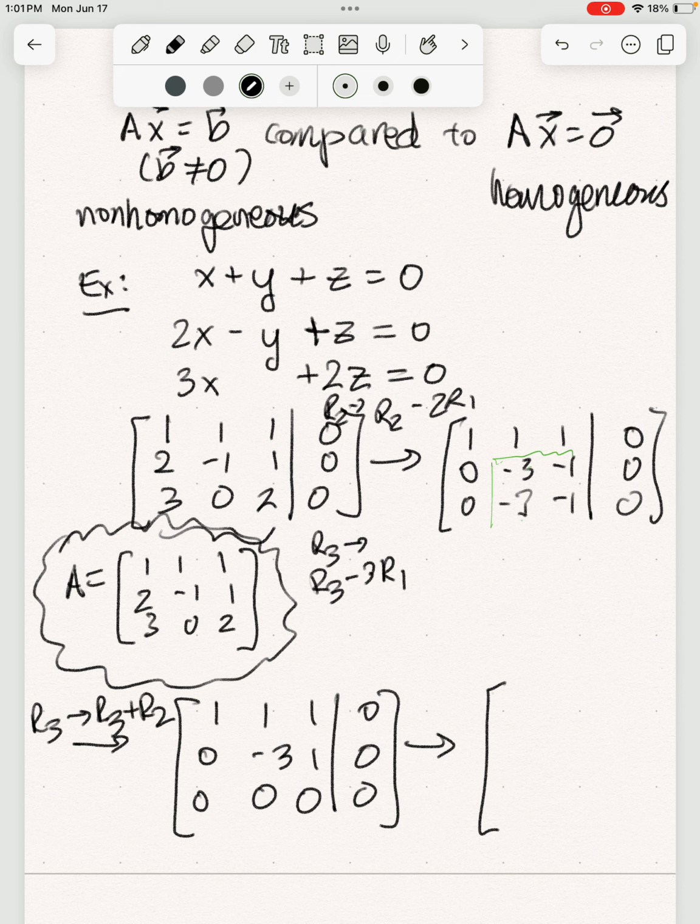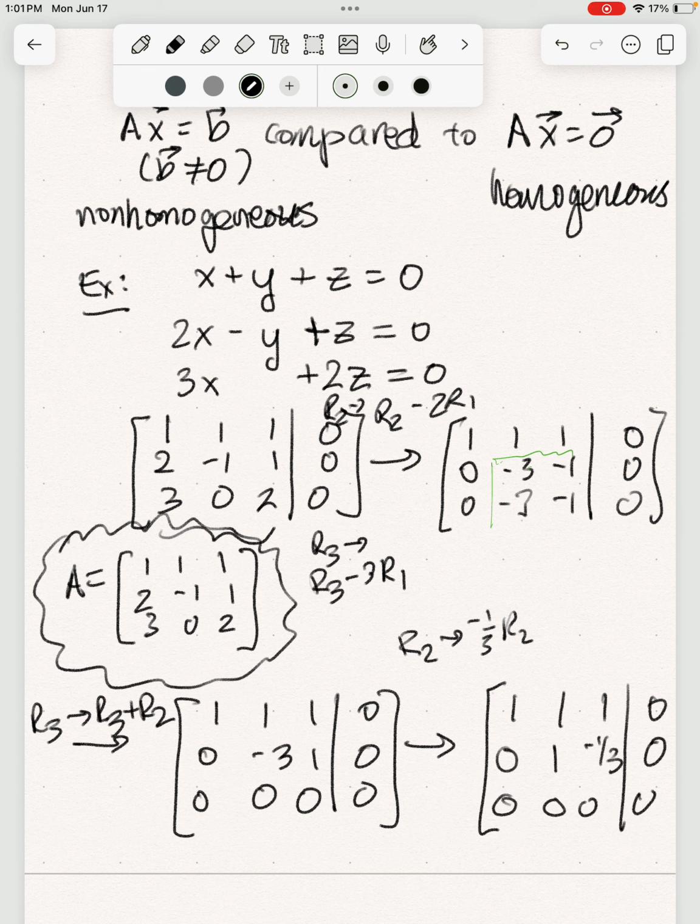So we should divide row 2 by -3. Row 2 goes to -1/3 row 2. I'm going to get some fractions. And then the last step is to get everything above the pivots to be 0.